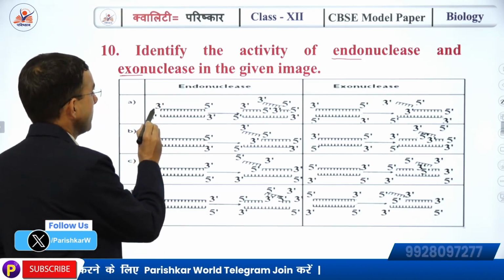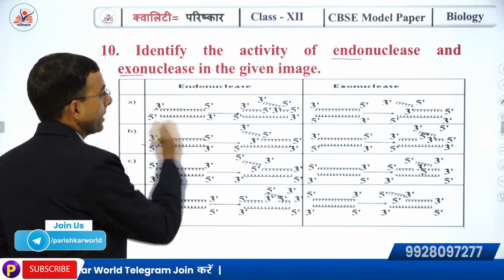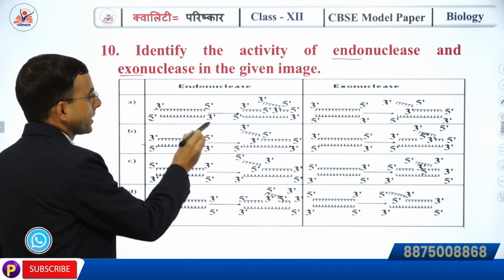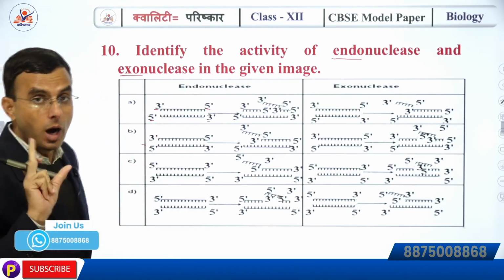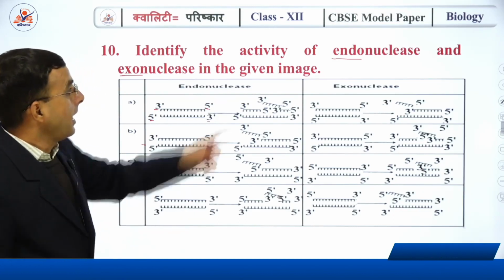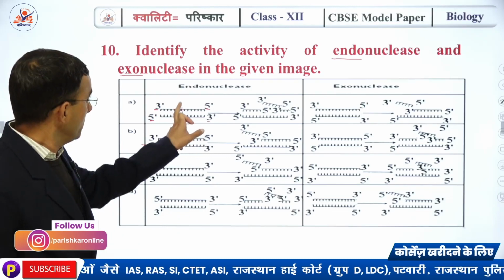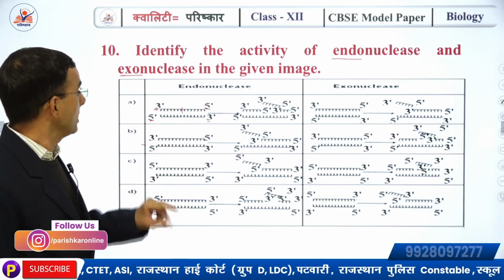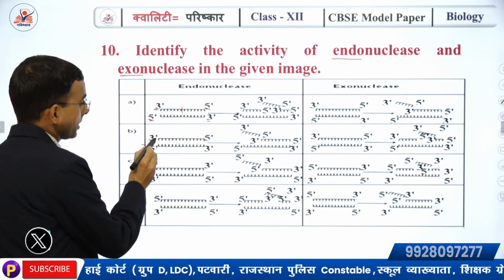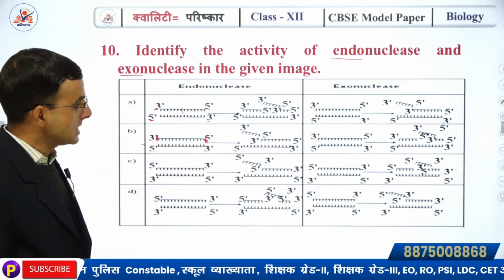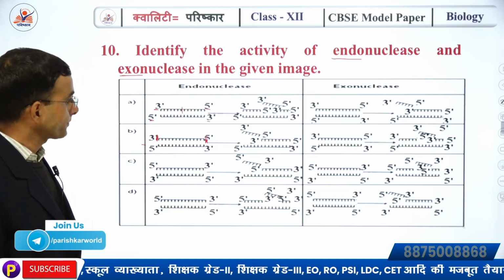So one strand is 3' to 5', and the other strand is 5' to 3'. So endonuclease can cut the DNA in the middle of the strand, while exonuclease always cuts the DNA from one end. So look at the answer. Which one is the answer, showing how they are cutting?